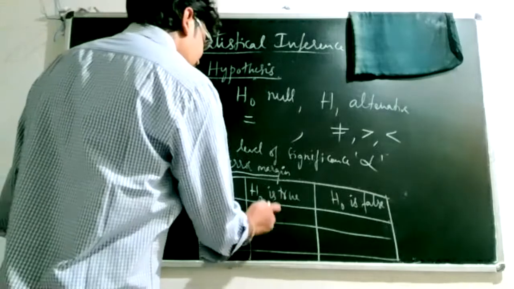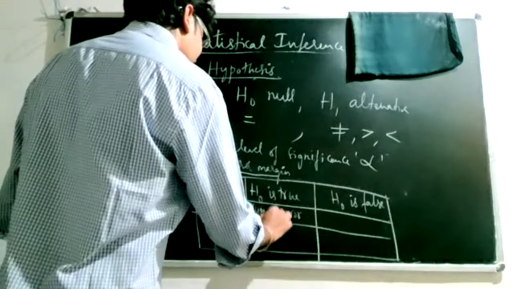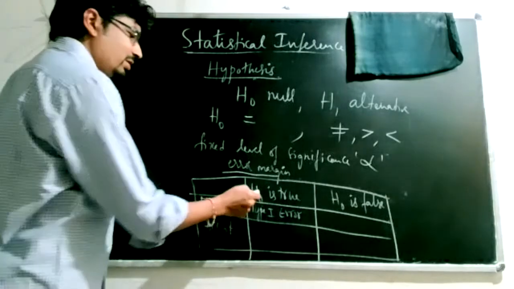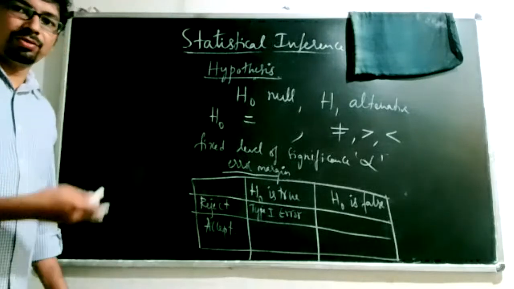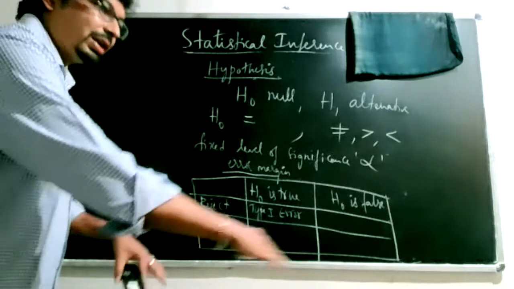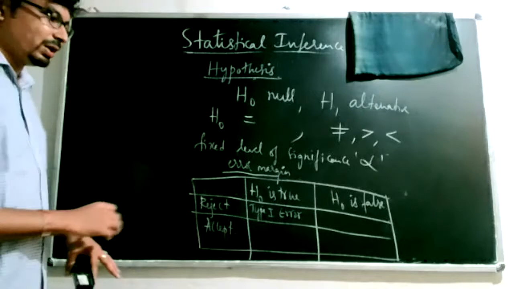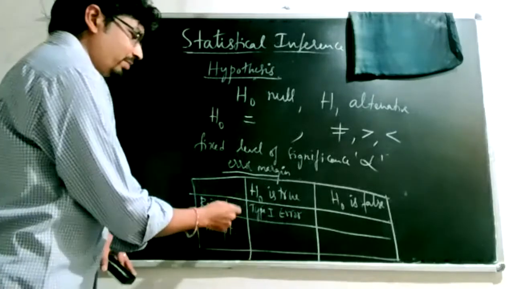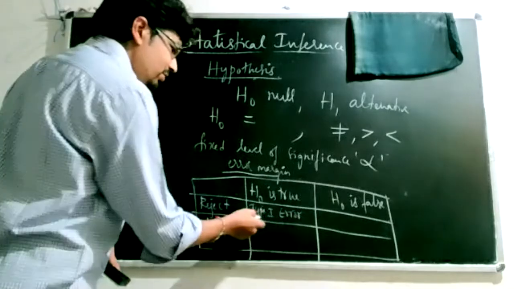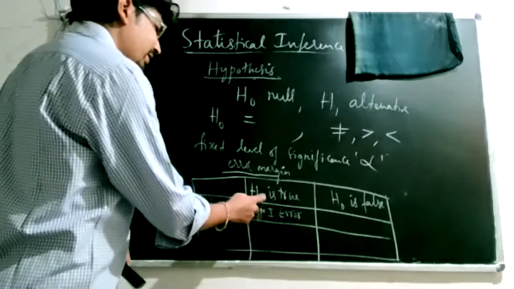Therefore, you take a decision of rejecting it, and that is called type 1 error. So what is this type 1 error? Rejecting the true null hypothesis. Whenever the hypothesis is true, we have to accept it. That is, the prevailing conditions we have observed till now will also be there a certain number of times in future. Then I have to accept that. But my sample is a faulty sample, or maybe because of other reasons, I have made a decision of rejecting the null hypothesis. Therefore, that is an error.